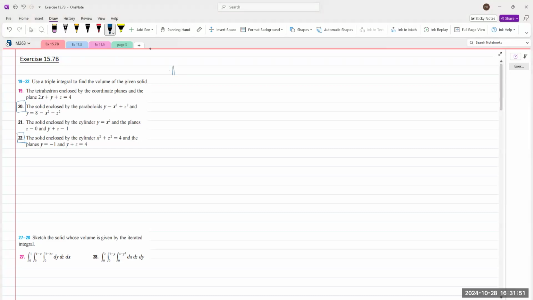Number 20. Use a triple integral to find the volume of the given solid. The solid enclosed by, let's call that the first surface, surface 1, y equals x squared plus z squared, and the second surface is y equals 8 minus x squared minus z squared.